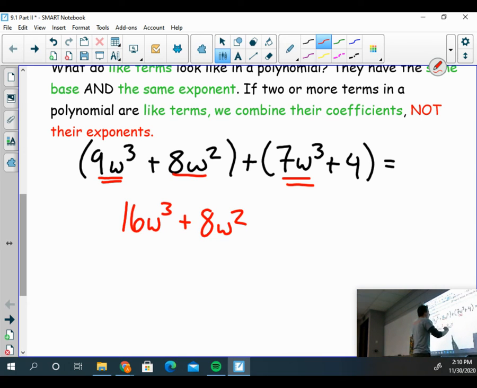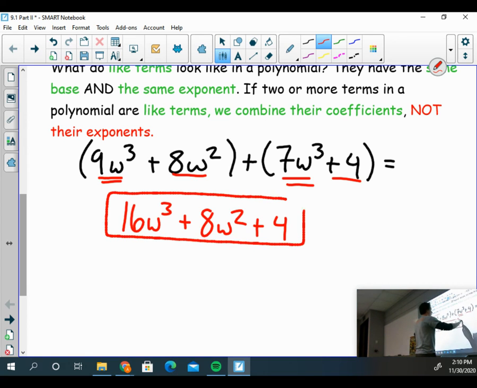So I just bring it down. Again, we're not solving here. We're simplifying. If 8w squared can't get any simpler by combining with a like term, then we just bring it down. Same applies to my 4. I can't simplify that anymore, so I just bring it down, and I'm left with 16w cubed plus 8w squared plus 4 as my simplified version of the polynomial.